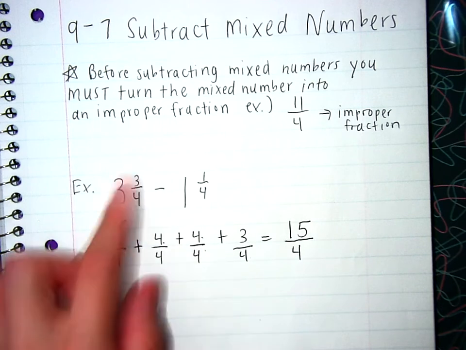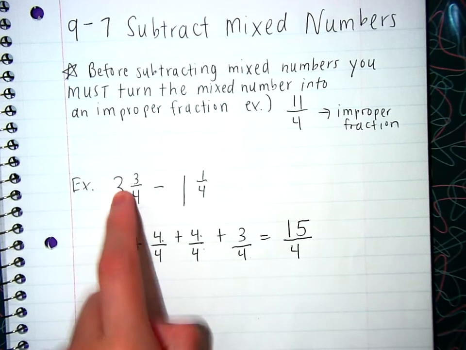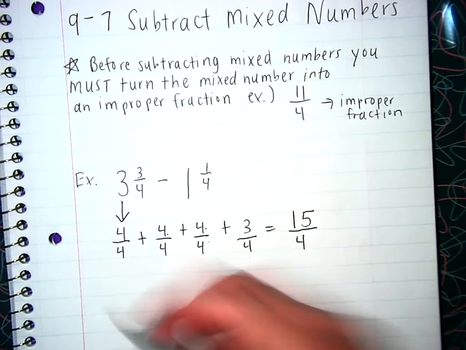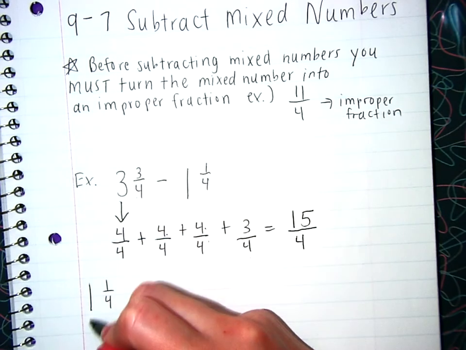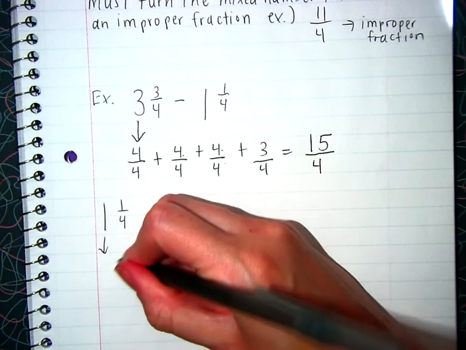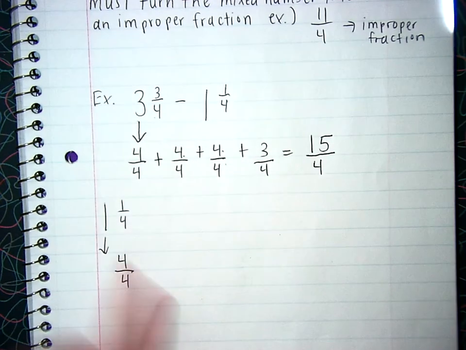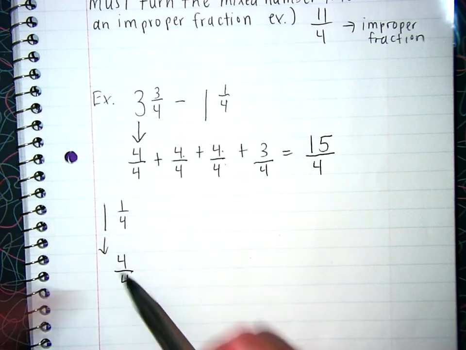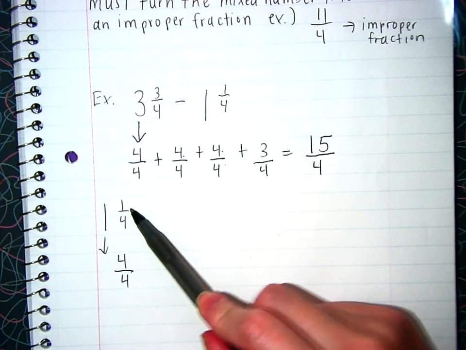So just like we did converting the mixed number to the improper fraction, we have to do the same for this mixed number as well. So let's write the 1 and 1/4. Remember, we get that 1 whole from the fraction of 4/4. That will give you the 1 whole. But there's only 1 of them. So then that means I'm done with converting my whole number part. So now I can just add the fraction part.